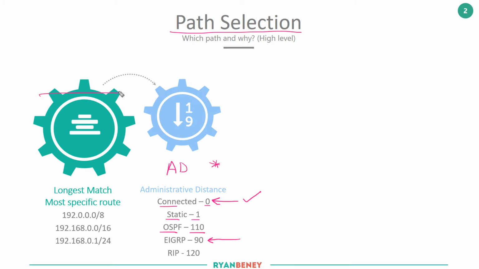At first it looks at the longest match, and if the longest match is the same, it will only then refer to the AD. So what I mean by that is, if we have a 192.0.0.0/8 learned via connected, and we have, let's say, a 192.168.0.0/16 learned via RIP, and we're trying to get towards 192.168.0.0, then it wouldn't ever consider the AD because it's already preferred the longest match.